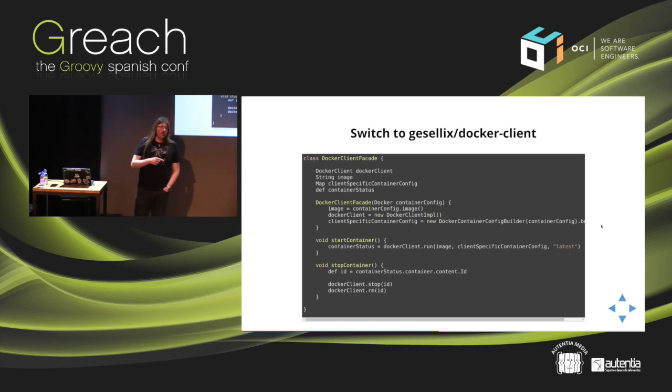So if any one of you wants to do something with Docker inside Groovy, use this library. It's great. It's very similar to the Docker REST API, and since it's implemented in a really dynamic way, it nearly is upwards and backwards compatible all the time, because it delegates everything to the Docker REST API. Works fine.